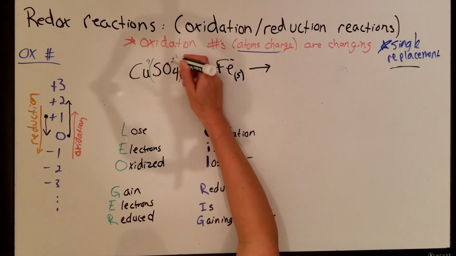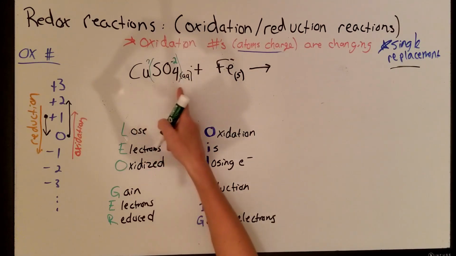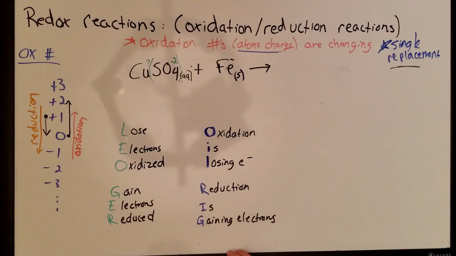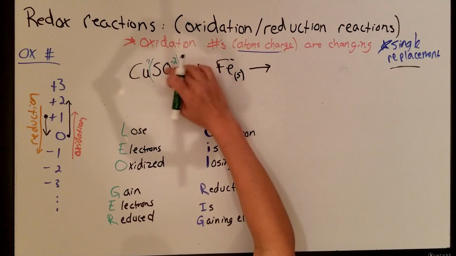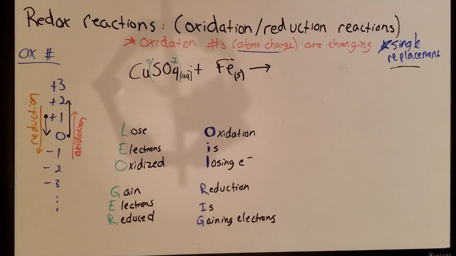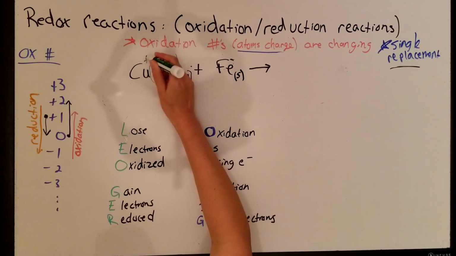Look at the polyatomic table, it's a -2. Okay, so how many sulfates are there? It's just one sulfate. So that means if this anion side is -2, what does copper have to be to cancel that out to make that compound neutral? It's going to have to be a +2.